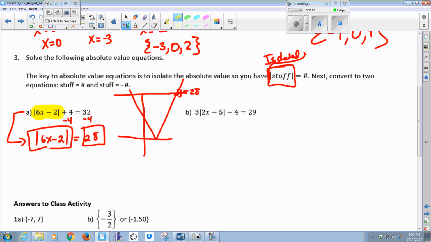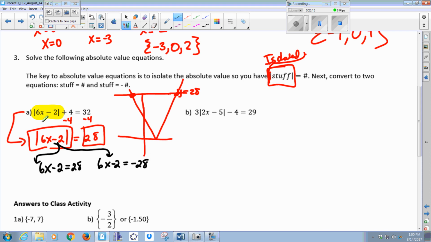Remember, we're finding where these two things intersect. We have two answers. So recall that the idea was to take the quantity inside, 6x minus 2, and set it equal to 28, and to take 6x minus 2 and set it equal to negative 28.